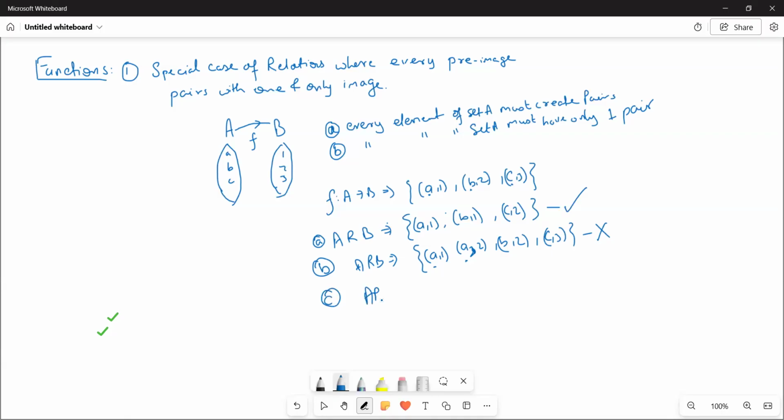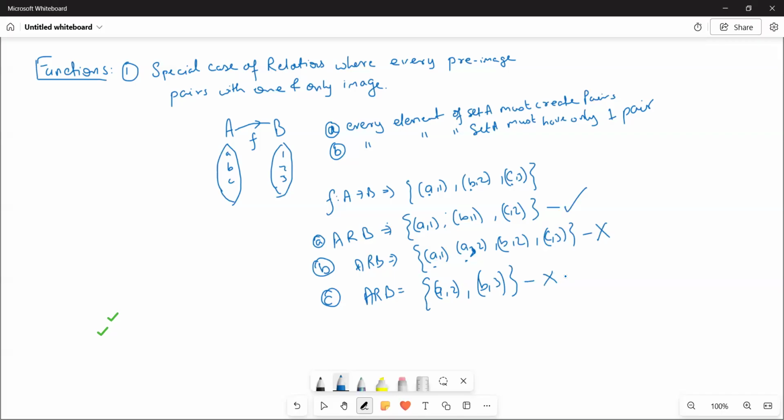If a relation is defined as (A, 2), (B, 3), is this a function? No, sir. Even this is not a function. Why?